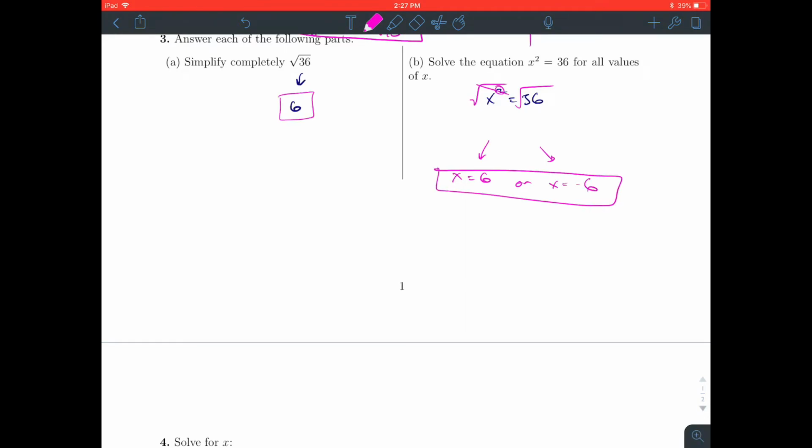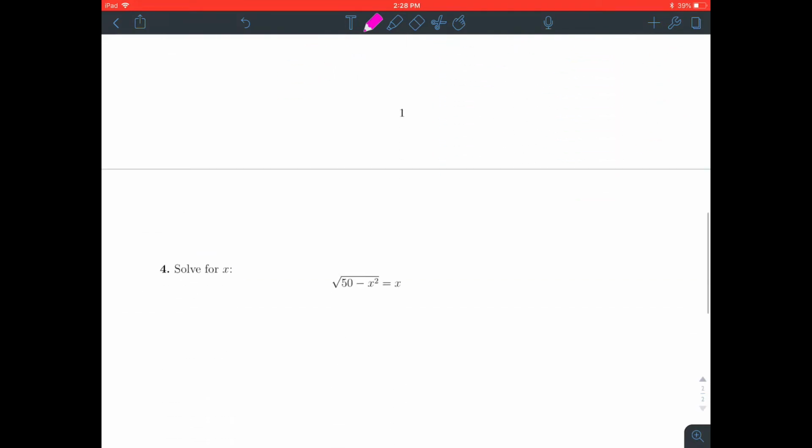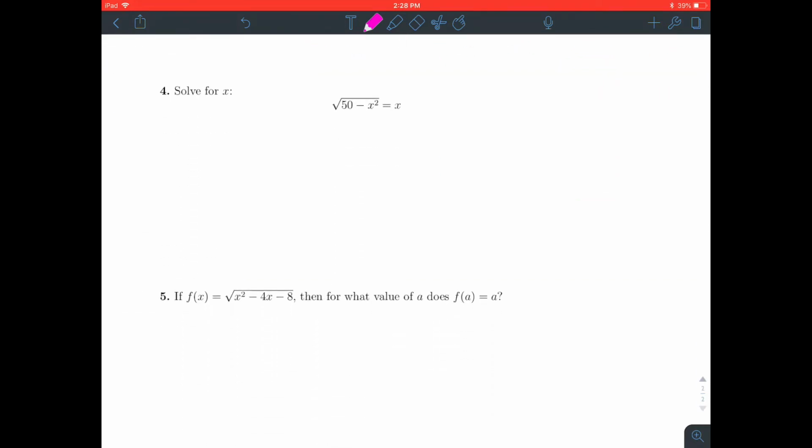So the point of confusion for me was telling when I had a single solution and when I had 2 solutions. This is a single answer because square root of 36 is just a number. This is 2 solutions because the 2 means that it will have 2 solutions. So whenever you start with an x squared, you'll end up with 2 solutions.